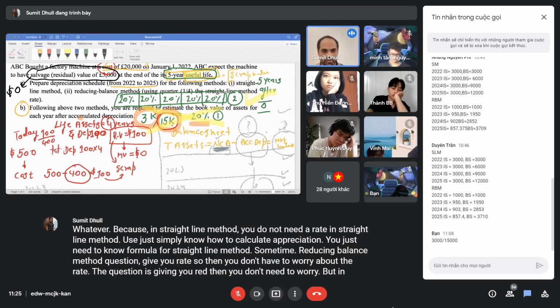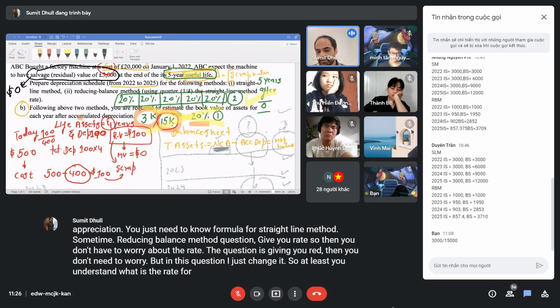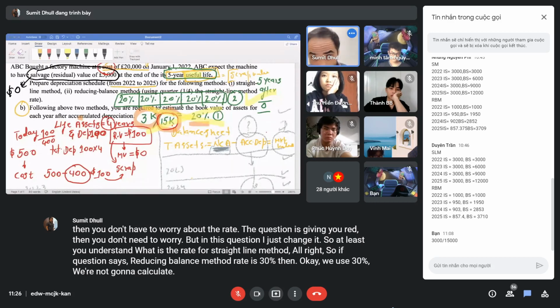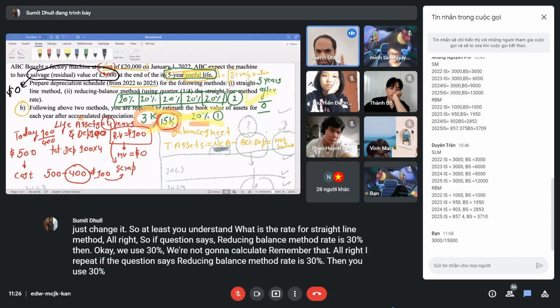But in this question, I just changed it so at least you understand what the rate is for the straight line method. If the question says the reducing balance method rate is 30%, then we use 30%. We're not going to calculate. Remember that. You're not going to calculate 10% like in this question.